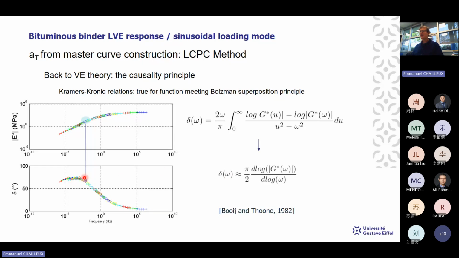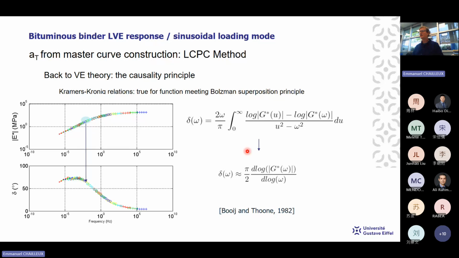In fact, the phase angle is a derivative of the log of the norm of the complex modulus with respect to the log of the frequency. So in fact, there is a strong link between this slope, the slope of the norm of complex modulus, and the phase angle. In other words, the phase angle is the slope of the complex modulus across frequency.